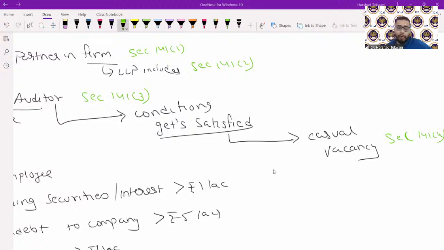Rotation of auditor is a provision where rotation is applicable, like if it is a sole proprietorship or the applicable class of companies, then it will be applicable: one term of 5 consecutive years from the date of that particular appointment. Retirement is something different. Retirement is where the retiring auditor is not reappointed, or you can say the term has come to an end.